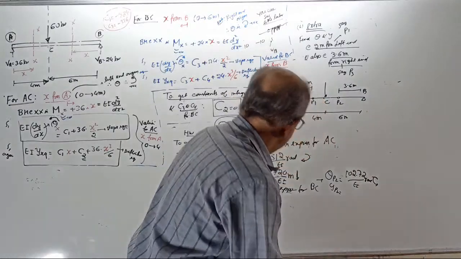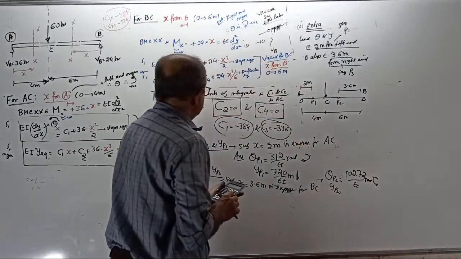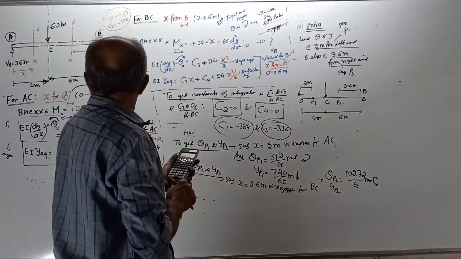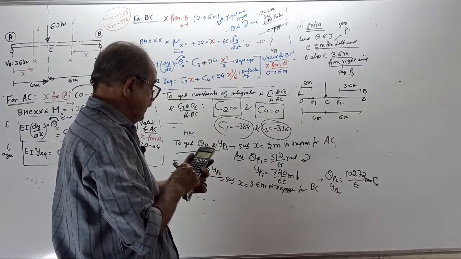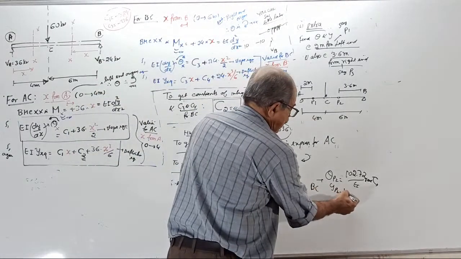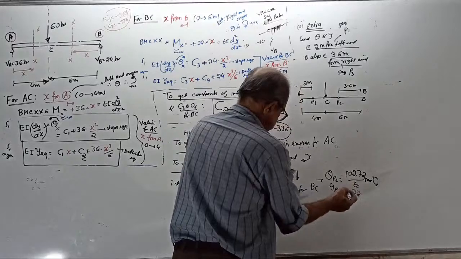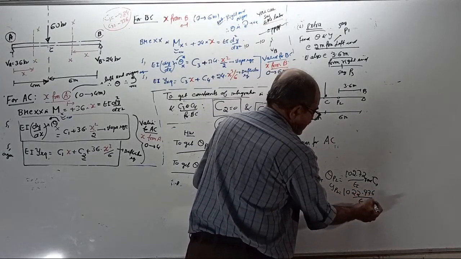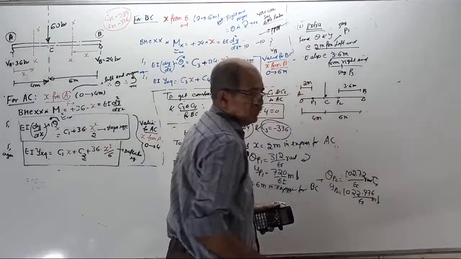Okay. Then the deflection at P2 will come minus 336 into 3.6 plus reaction is 24 into 3.6 cube divided by 6. Deflection will come 1022.976 by EI meter down. Okay.